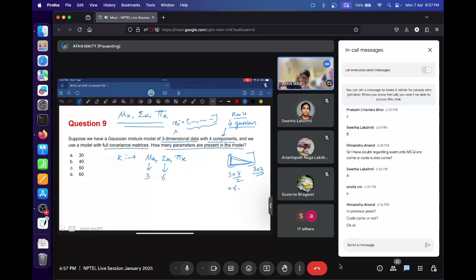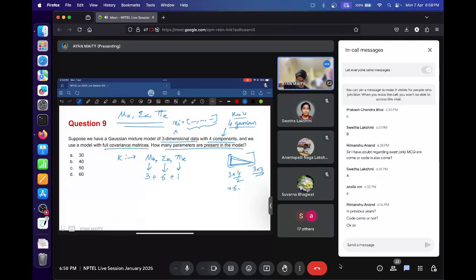One triangular half would have 3 into 3 plus 1 by 2, so there would be 6 parameters coming from the covariance matrix sigma k. And pi k is the mixing coefficient. This is one singular value, not a vector. It is just the fraction of elements belonging to the cluster K, so that gives you only one parameter.